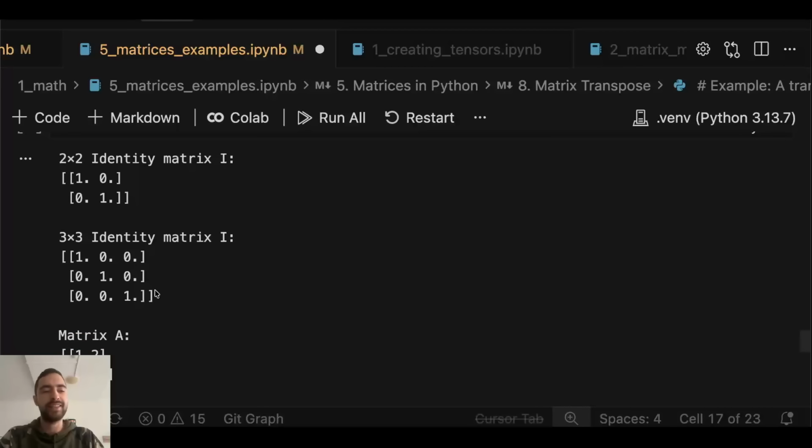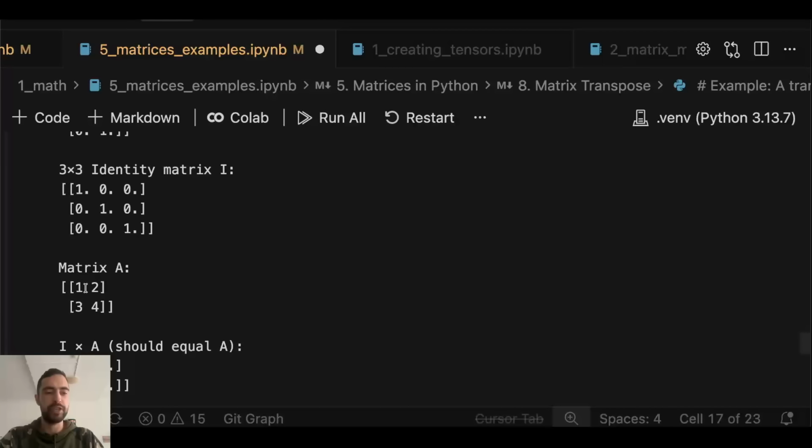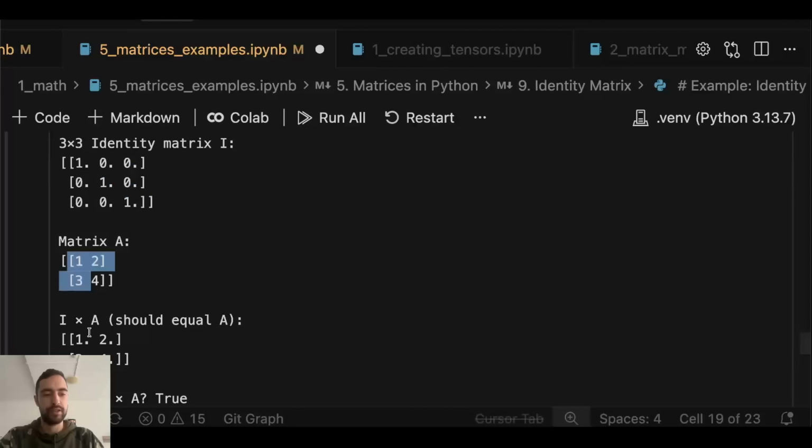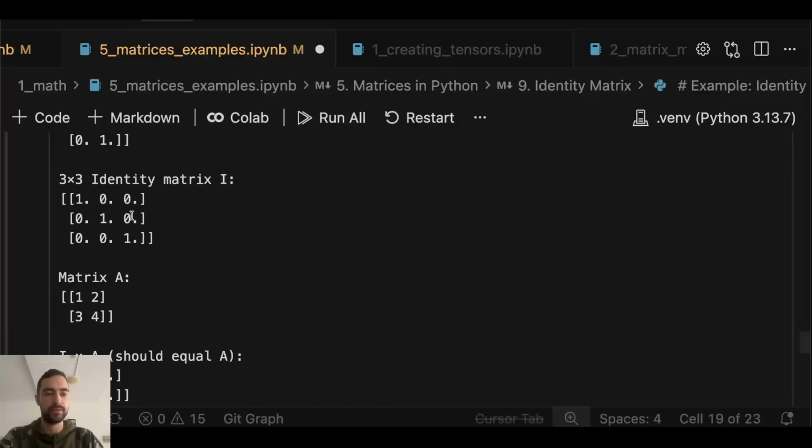Then we have the identity matrix, where it's 1 on the diagonal and others are 0, and it's a square matrix. It has an equal number of rows and columns. And when you multiply any matrix with the identity matrix, it will remain the same matrix. So the result will be the same as the matrix that you multiplied with the identity matrix.